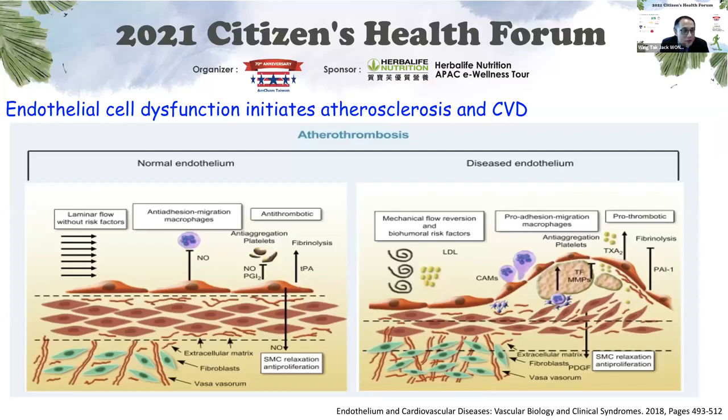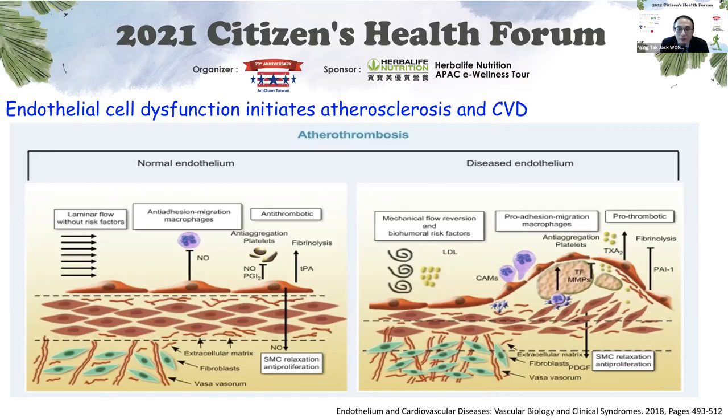Upon closer inspection of the endothelium itself, the normal condition of laminar flow results in positive effectors of endothelial cells, such as the production of nitric oxide, NO, which is involved in a variety of pathways, such as the prevention of monocyte adhesion, platelet aggregation, and smooth muscle cell proliferation.